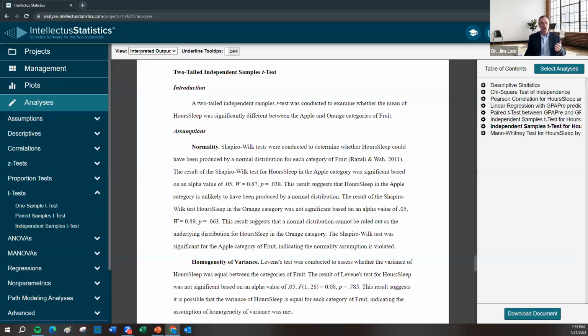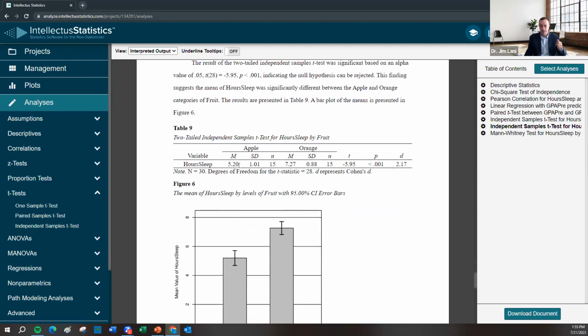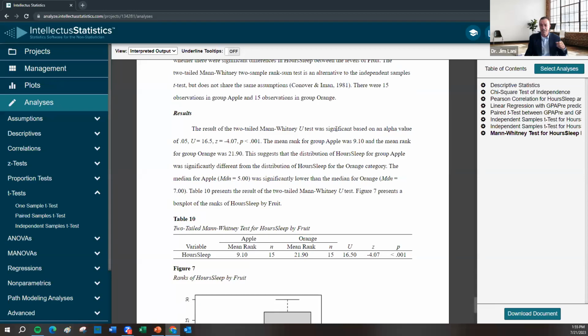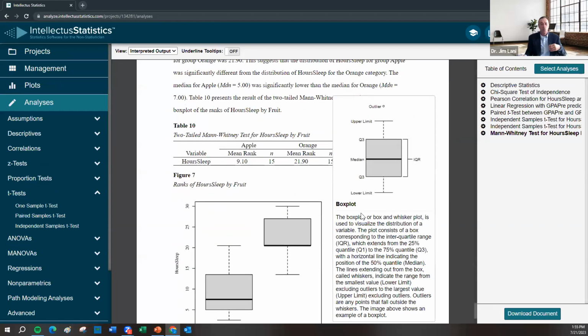Does sleep differ by fruit? We're doing the t-test and looking at the mean differences, and running the Mann-Whitney, we're also seeing that there are differences there. We're getting a picture of whether there are differences on sleep by fruit.